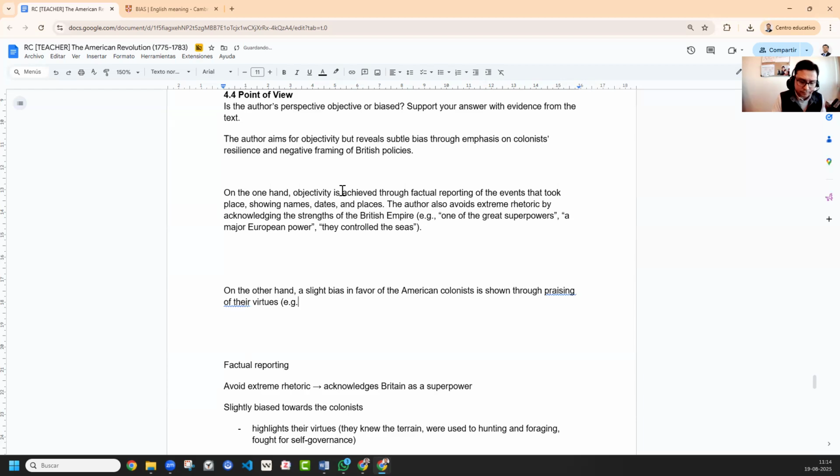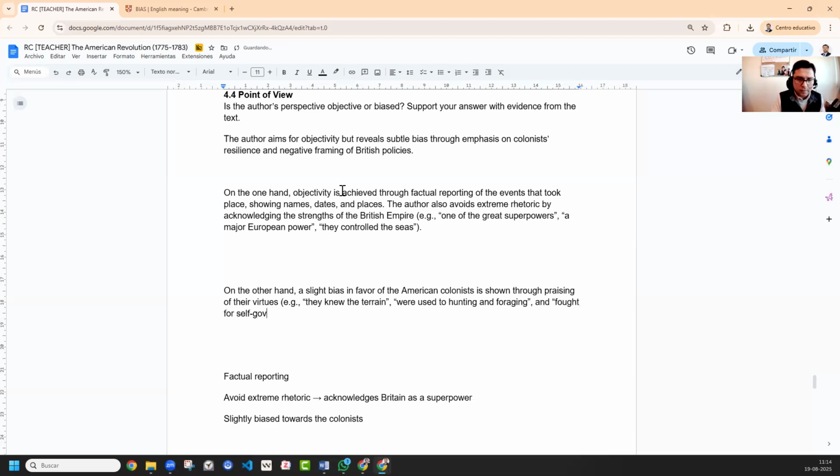For example, they knew the terrain, were used to hunting and foraging, and fought for self-governance. So I think "and" is missing here. Okay, great.